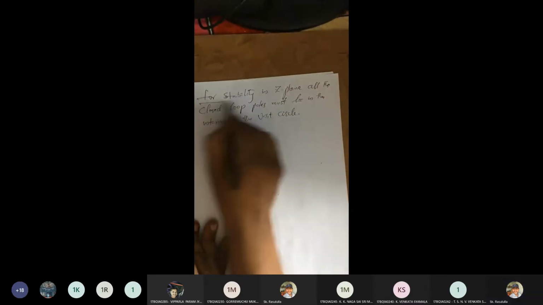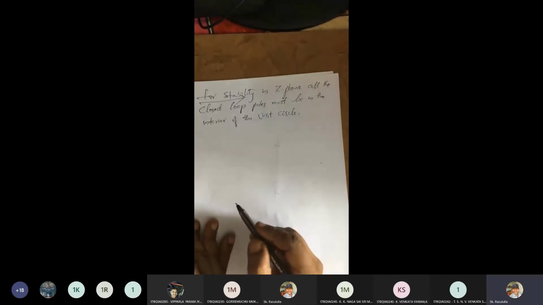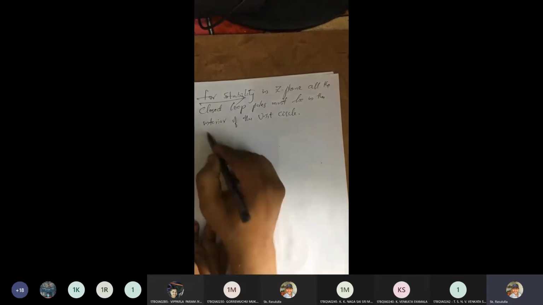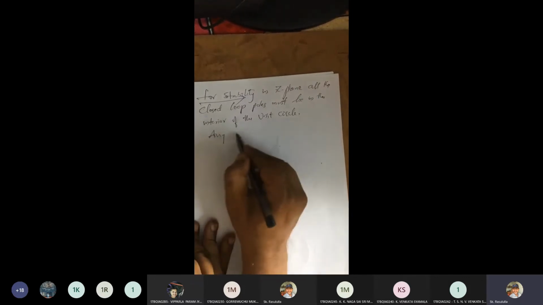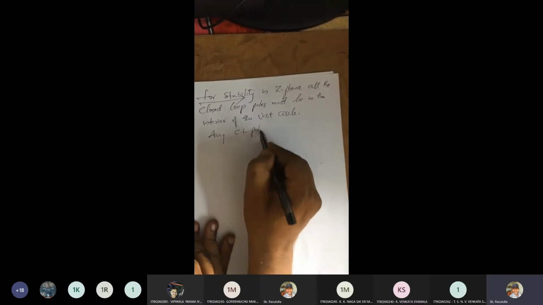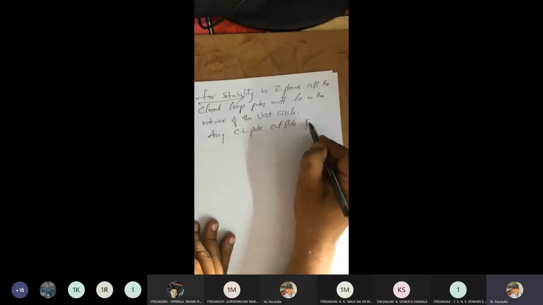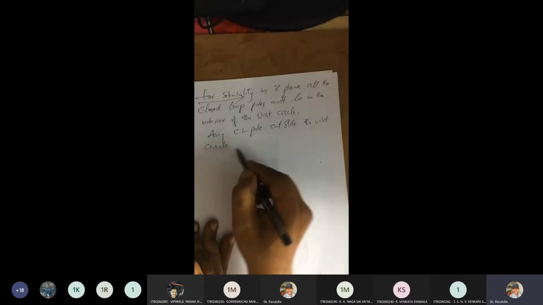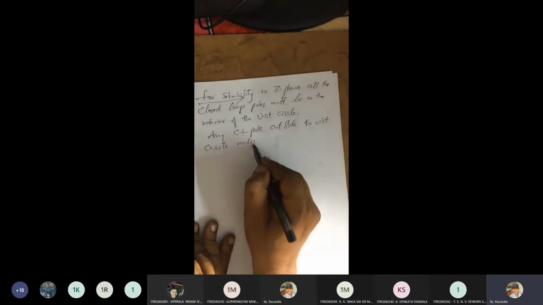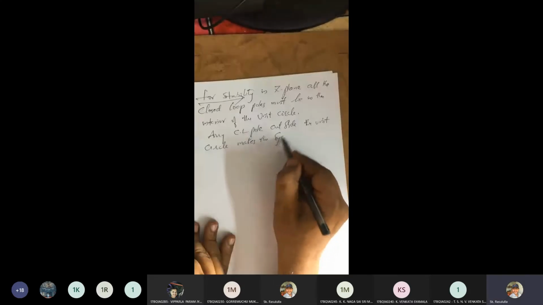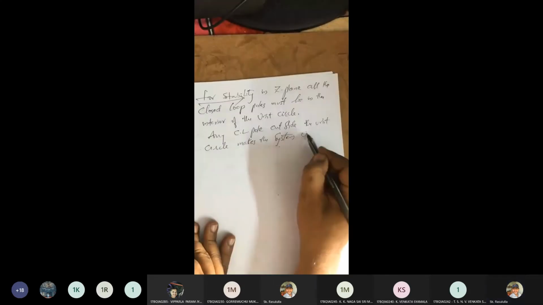Right? For stability in Z plane, all the closed loop poles must lie in the interior of the unit circle. So any closed loop pole outside the unit circle makes the system unstable.